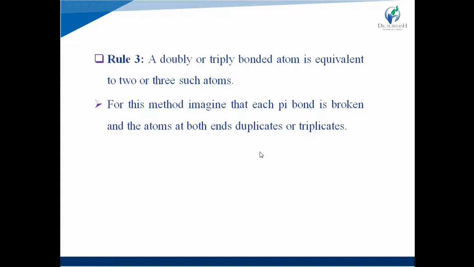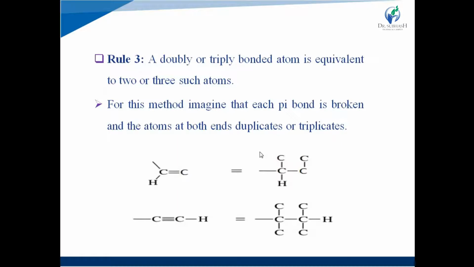For this method, imagine that each pi bond is broken and the atoms at both ends are duplicated or triplicated, right? For example, a carbon double bonded to carbon is equivalent to each of these 2 carbon atoms being attached to another carbon atom. In carbon triple bonded to carbon, the same: when the 2 pi bonds are broken, each carbon is again satisfied by attachment to a carbon atom.